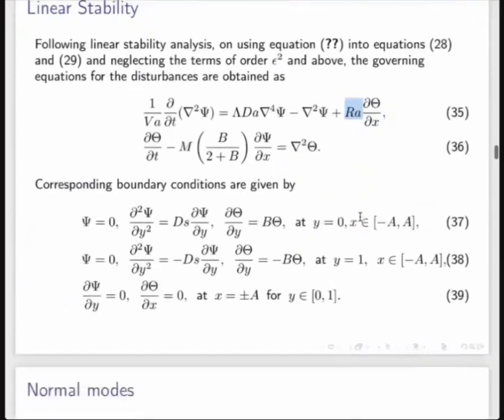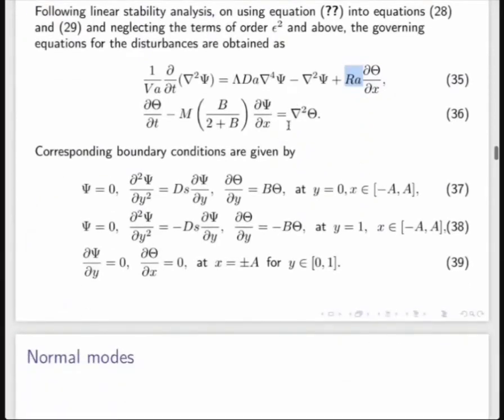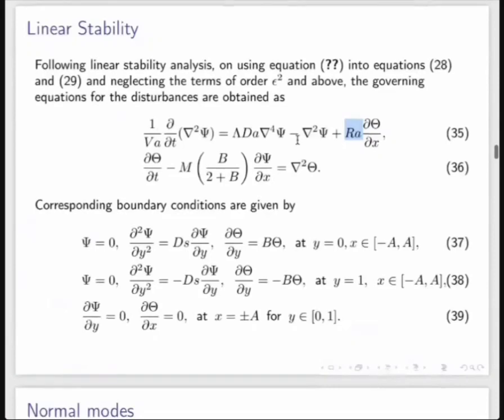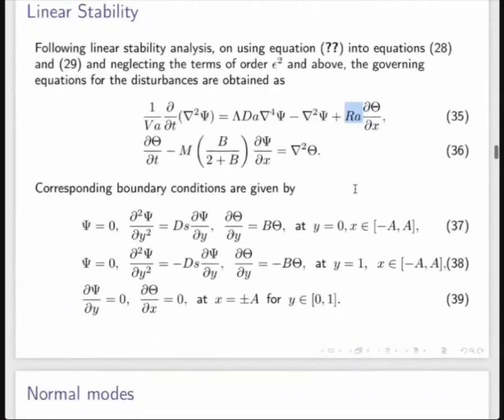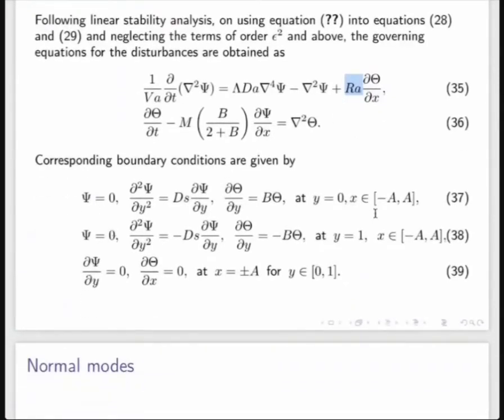So equations 35 and 36 are linear in nature, and boundary conditions 37, 38, 39, if you see, they are homogeneous in nature. So after the perturbations that we introduce, your equations are turned into homogeneous linear differential equations, and the boundary conditions are also turned into homogeneous type.